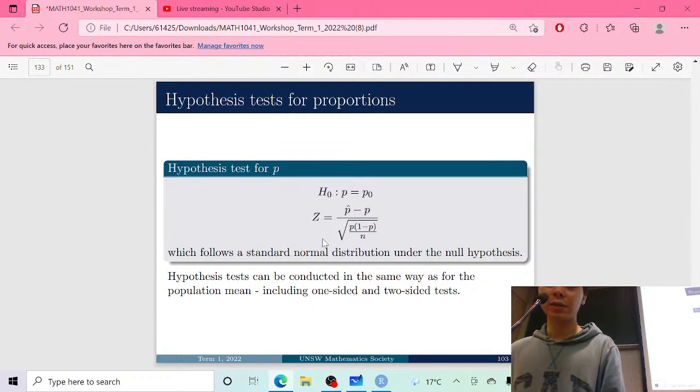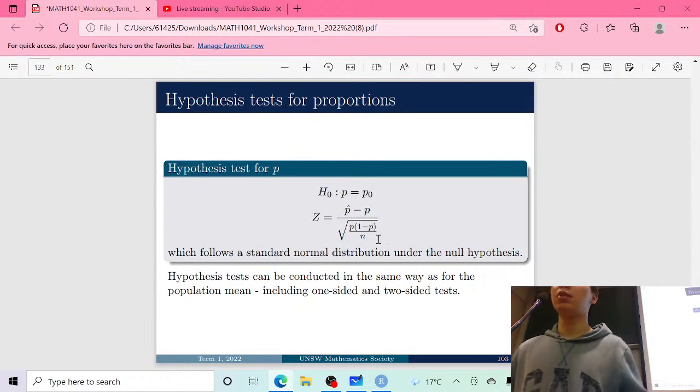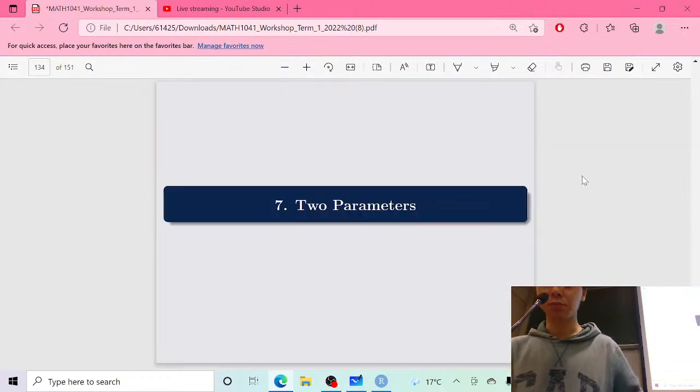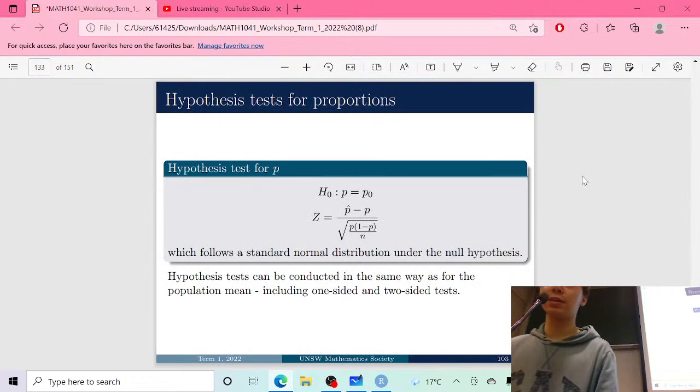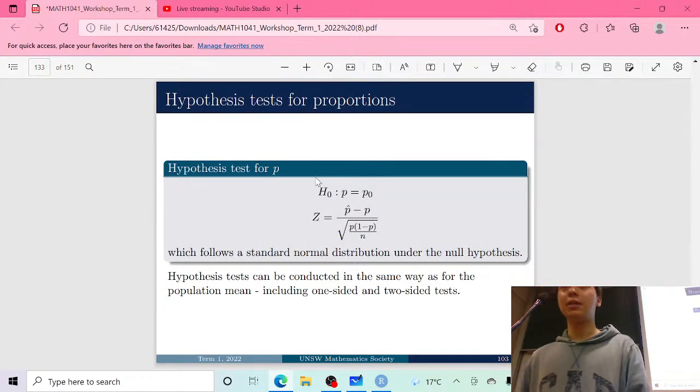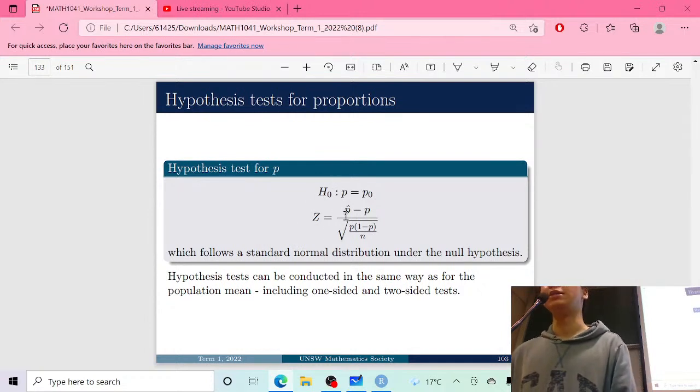And then the sampling distribution is going to be something like a normal distribution. So under the null hypothesis, we are going to be using a standard normal distribution here. Cool. And that's effectively it, because the process is exactly the same. It's just that you have different hypotheses that you want to test.